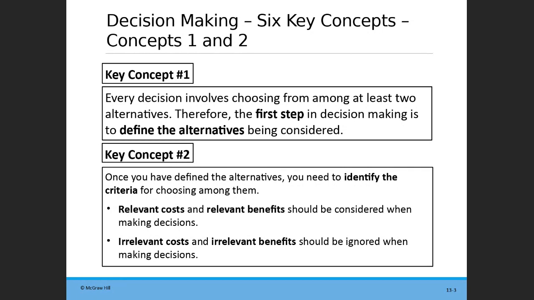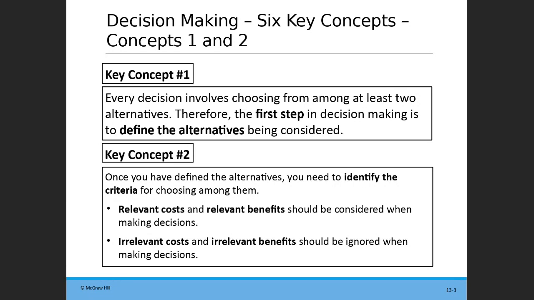What are my alternatives? Am I going to lease this thing, or buy this thing, or make this thing? Is this line still profitable enough for me to continue making it? Things like that. You have to figure out what it is exactly you're analyzing first.